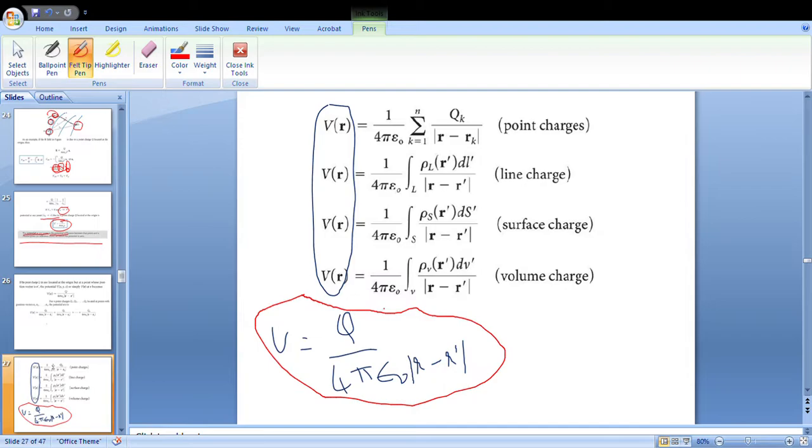Now if we have to obtain the same formula for the line charge, surface charge and volume charge, how do we do that?